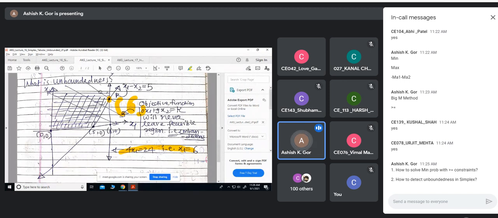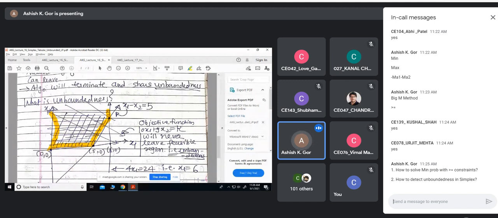x1 should be less than equal to 6, so this shaded region. And x1 minus x2 less than equal to 5 means this particular region. x1, x2 both are non-negative, so greater than equal to 0. So this is the shaded region having 1, 2, 3, 4 corner points, but it is unbounded.